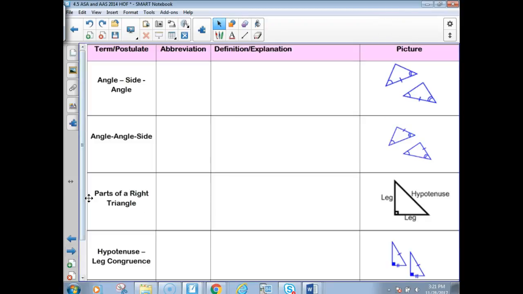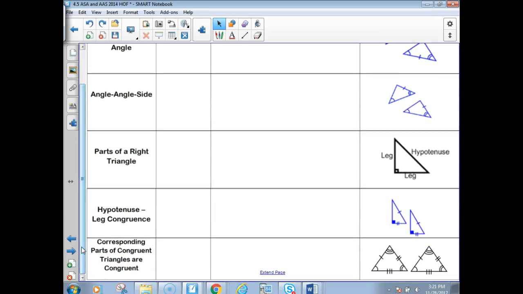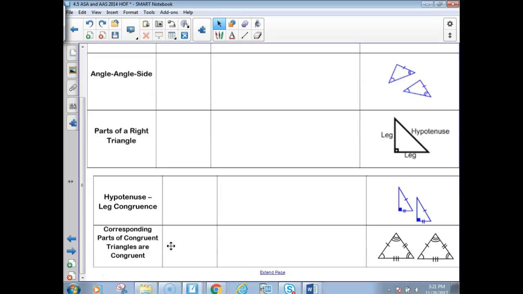This is just the whole big thing again, except the last one is the one I need to do. All right. Corresponding parts of congruent triangles are congruent is CPCTC. CPCTC stands for corresponding parts of congruent triangles are congruent.